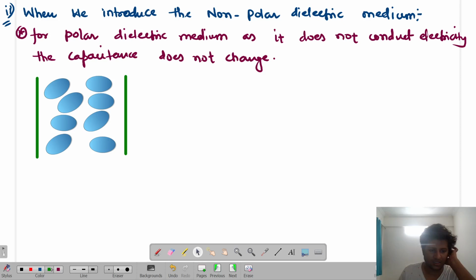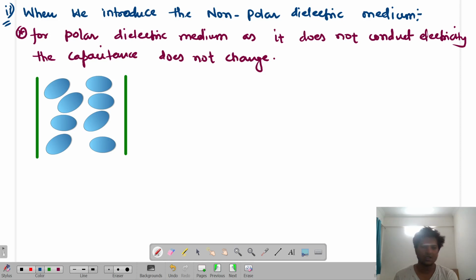Now, see what I have considered for polar dielectric medium. It does not conduct electricity, so the capacitance does not change. It means those kinds of polar dielectric mediums still remain solidified when the electric field is brought over there. Are you able to get me or not?